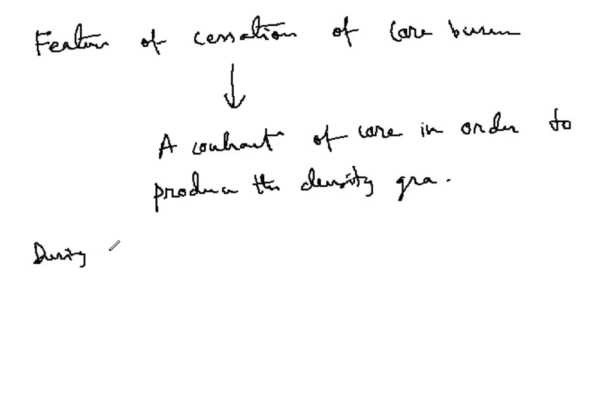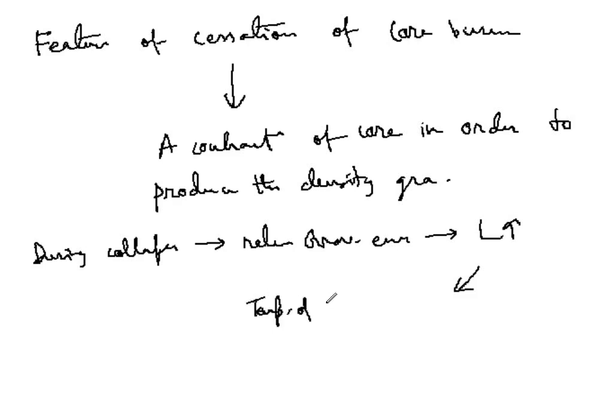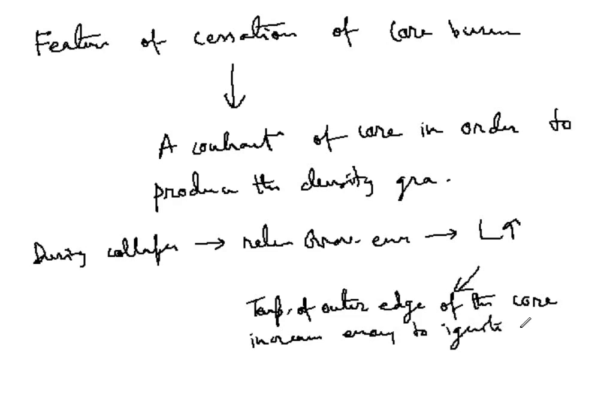So, during collapse, the released gravitational energy increases the luminosity, okay, and the temperature at the outer edge of the core increases, and as a result the temperature of the outer edge of the core increases enough to ignite a hydrogen burning shell around the core.